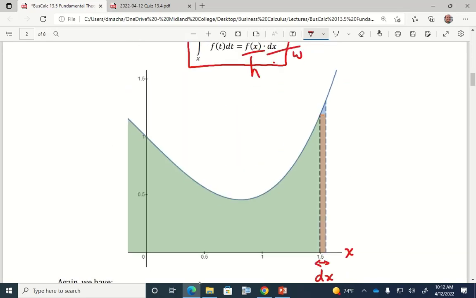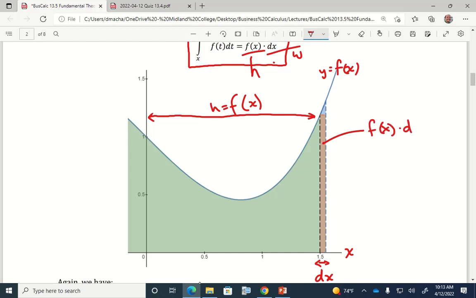And then the height of this rectangle is just taking this function, this blue curve representing y equals f of x, and this height is going to be my function evaluated at the point x. So this little orange rectangle, this would be f of x times dx as the area.